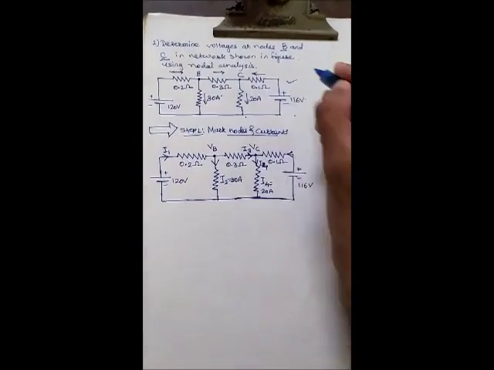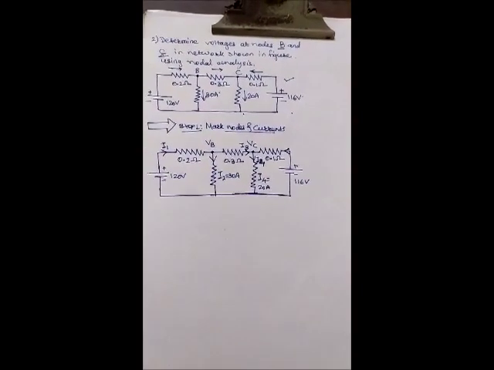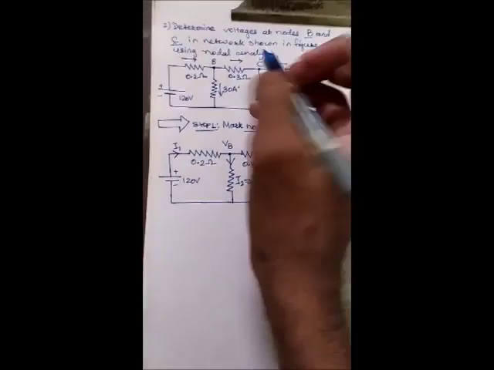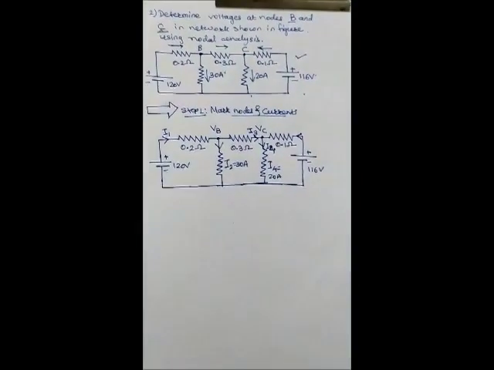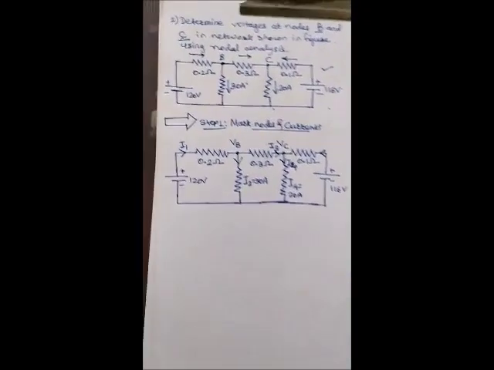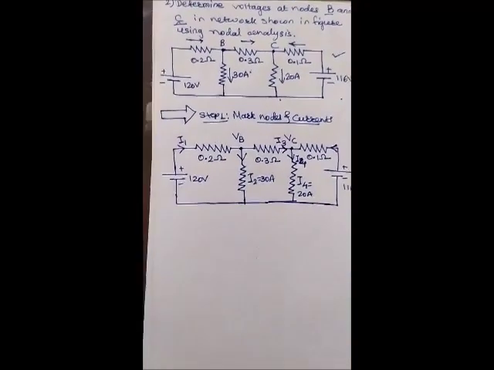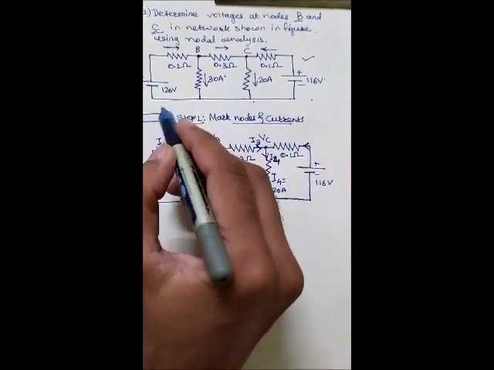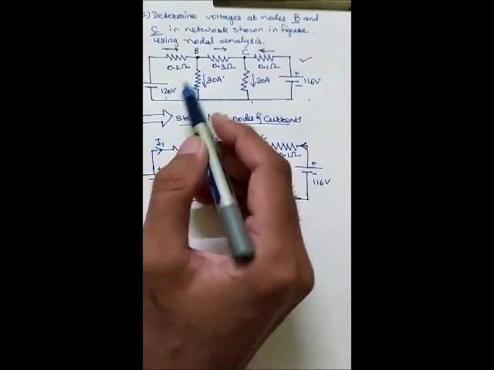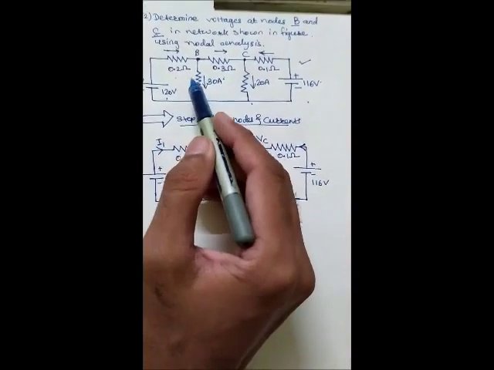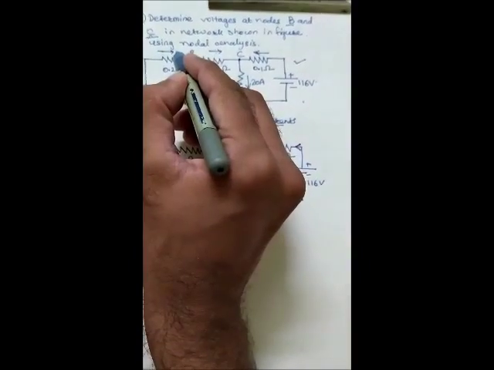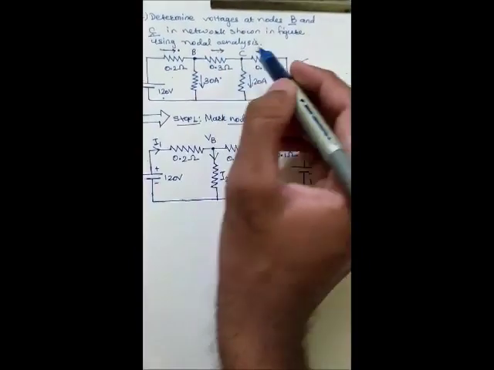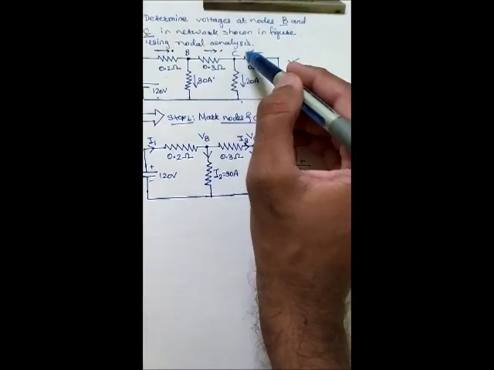So this is the given network circuit and we have to find out the voltages at node B and C, that is voltages at this node and this node, by using nodal analysis. Now, this is a 120 volt source, and a 0.2 ohm resistance. The arrows shown above the resistances show the direction of current.